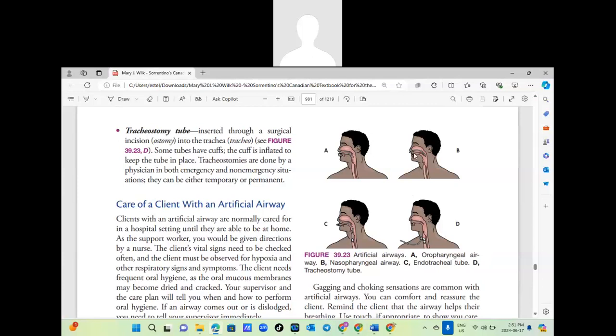And then there's another one, the nasopharyngeal airway, through your pharynx over here. So from the nose, and here is the mouth, right? And then the other one, letter C, is the endotracheal tube. So endo over here. And then there's another one, the tracheostomy. Okay, tracheostomy, so surgically opening. There's an opening over here. So later we can see some of the tracheostomy. All right. So let's continue.